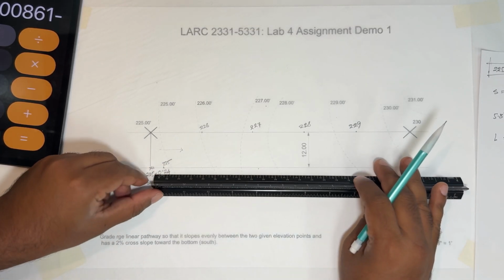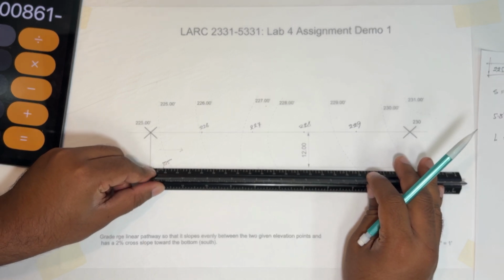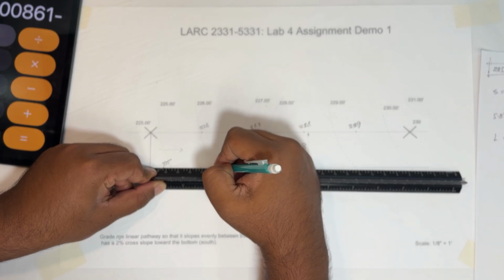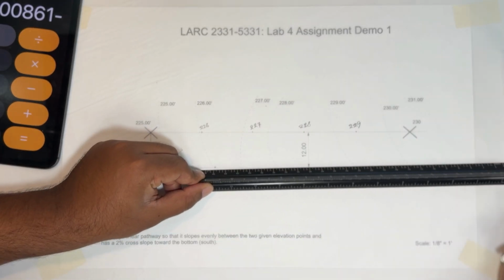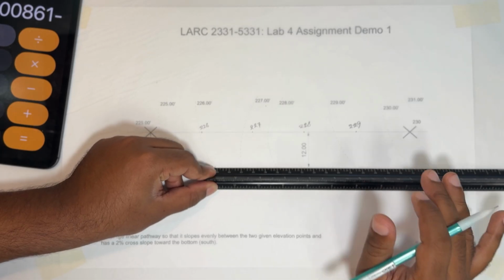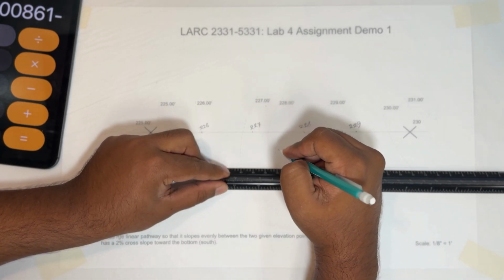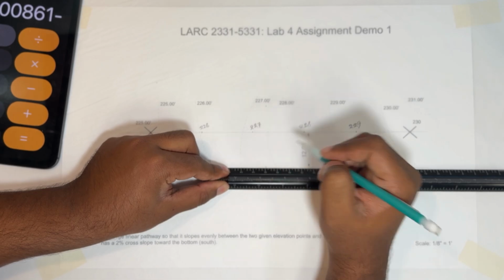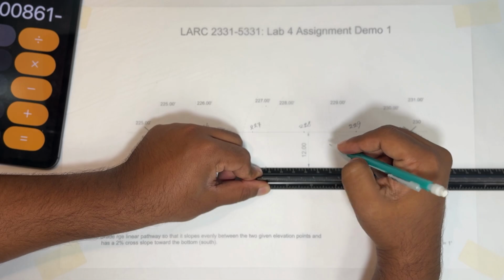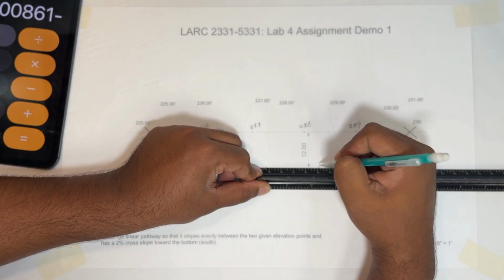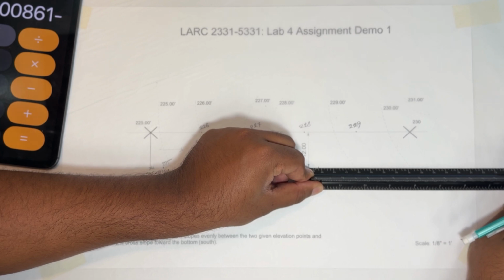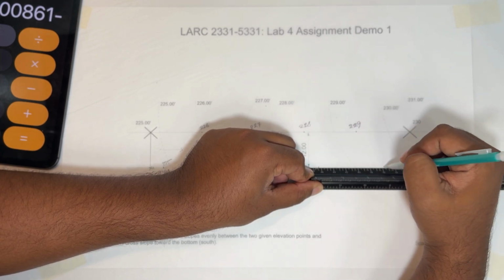So let's do that one more time. 17.2, 17.2, 17.2, 17.2.